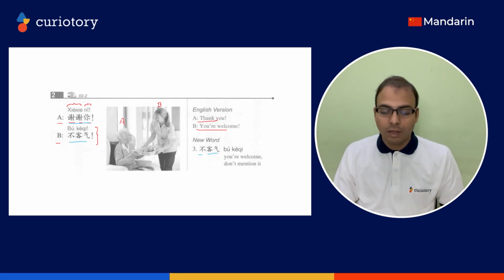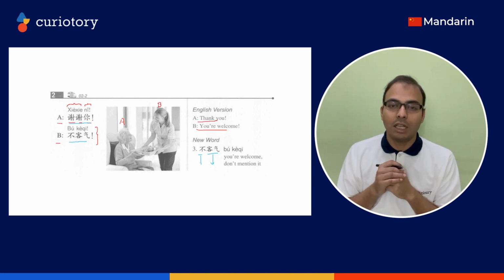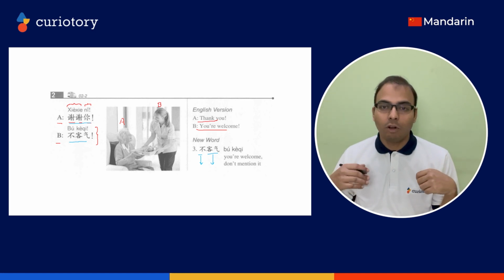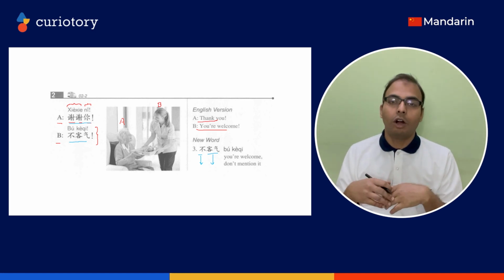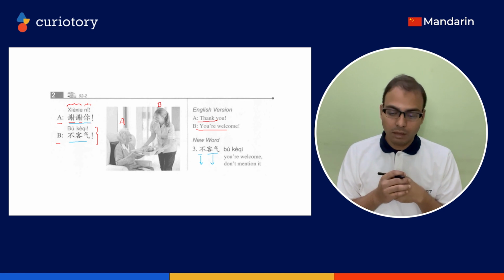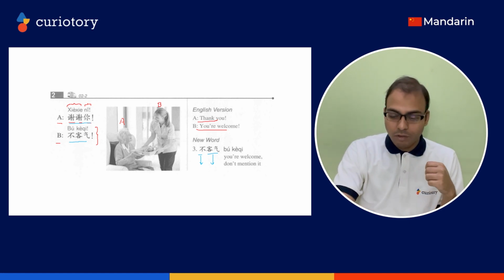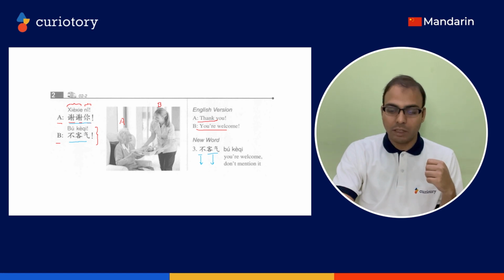So if we combine, pu khe chi means no need to be courteous, and its meaning can also be taken as you are welcome or don't mention it. So this was the new word which we learned here, pu khe chi. I hope this conversation is clear to you.